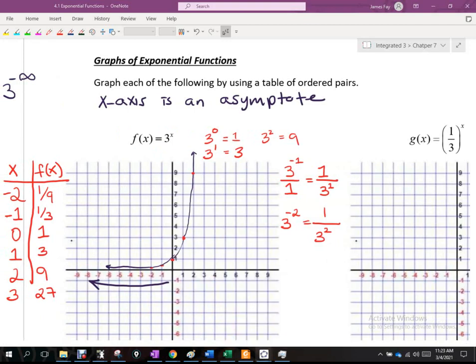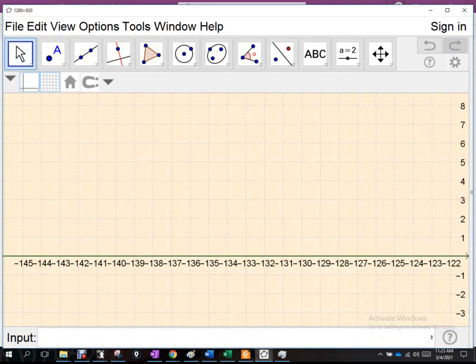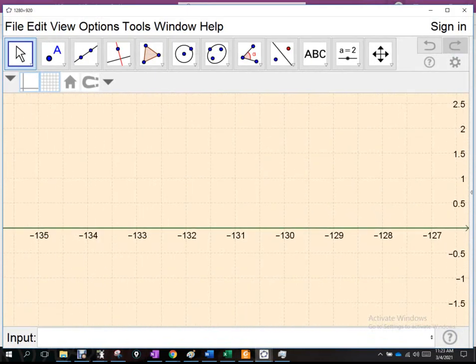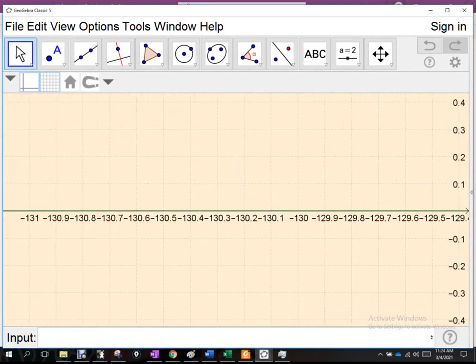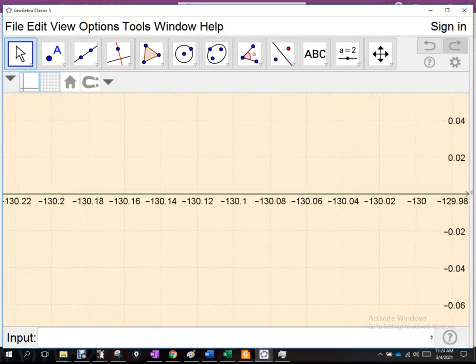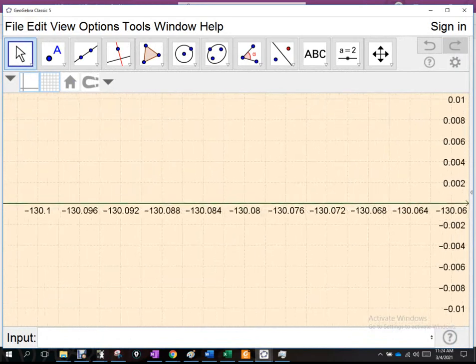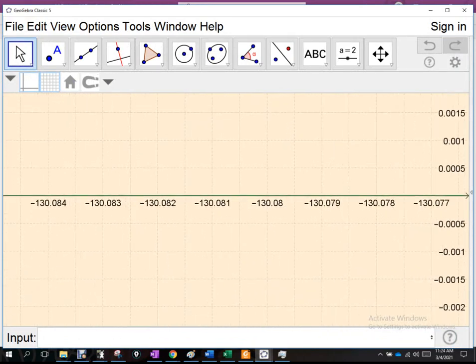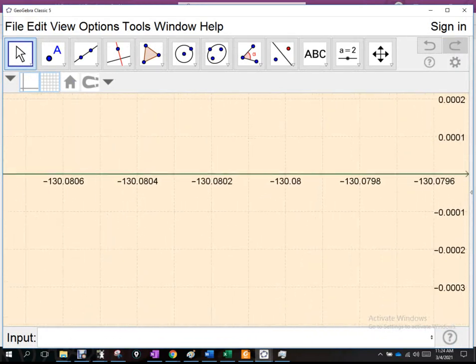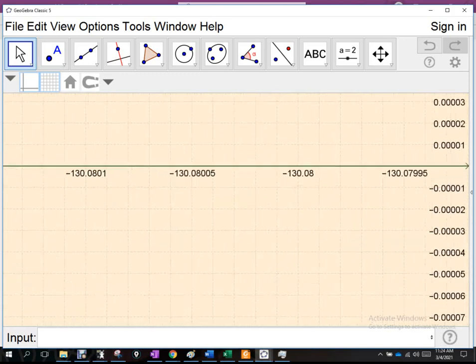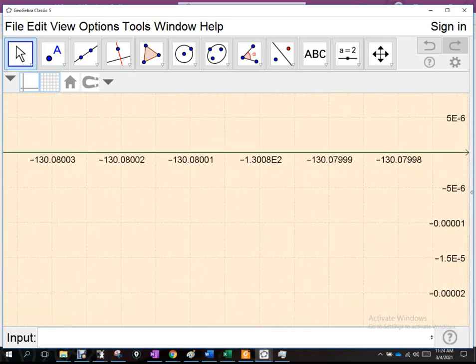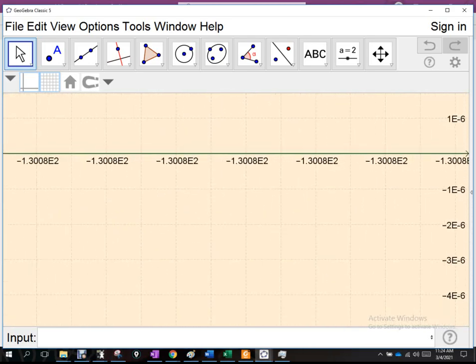So when I'm zooming in like this, you see how it's changing the decimal part. Eventually, because I zoom in so far, this E2 is scientific notation.